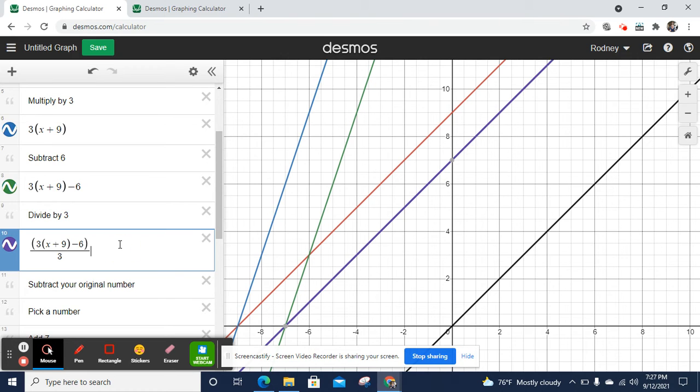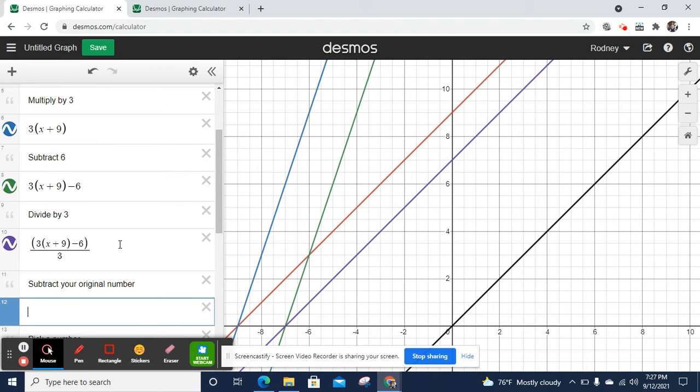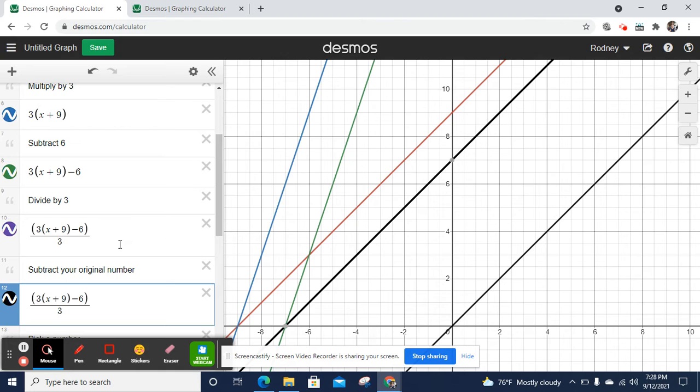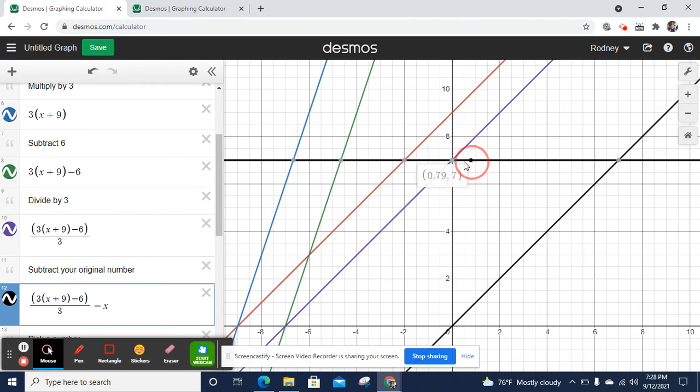Okay. Now I'm going to copy paste this one more time, hit enter, and I'm going to subtract my original number, x. And when I did that, notice the line became horizontal. Now this horizontal line is a line that goes through y = 7.